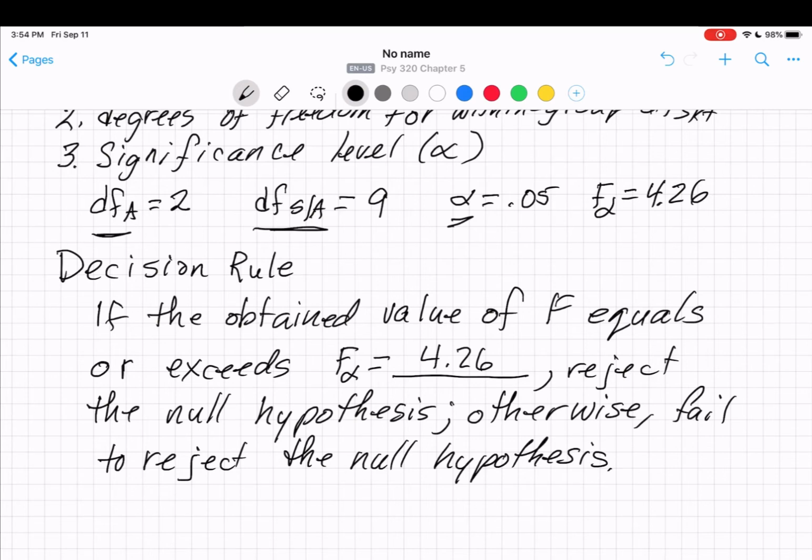Okay, so just a reminder, this obtained value of F, this is your F from your data when you calculated the F statistic. So for us, it's that 13.64. Okay. We're going to compare that with our critical value, or F alpha, of 4.26. We're going to use this rule to help us make our decision.